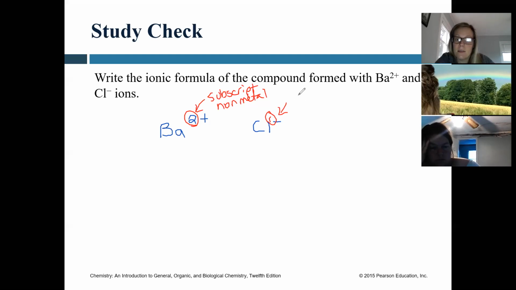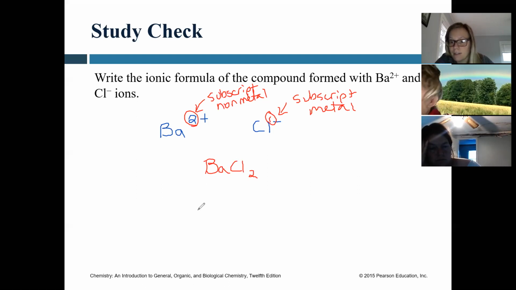And this is going to become the subscript of the metal. Or we flip-flop. So this tells me that I've got 1 barium, Ba with a 1. You don't have to write the 1. This 2 tells me I'll need 2 chlorines to balance it out. It's the fastest way to find the lowest common denominator.